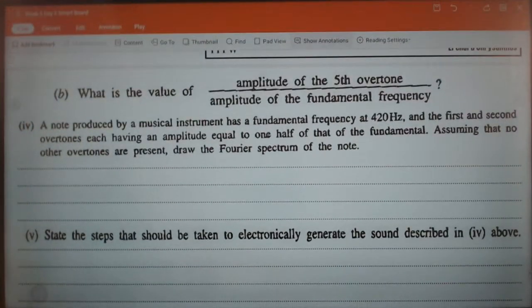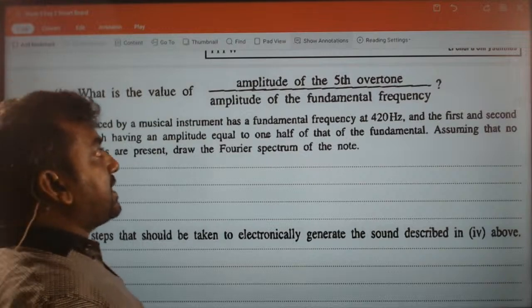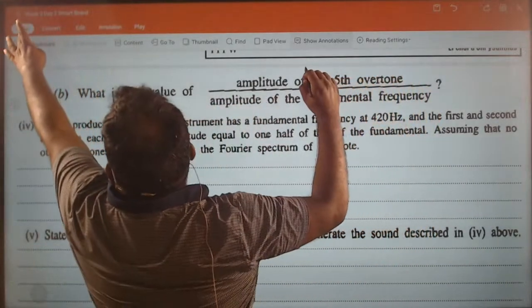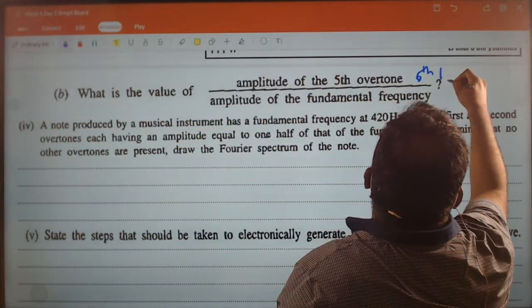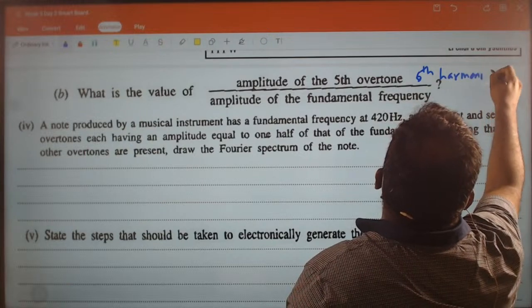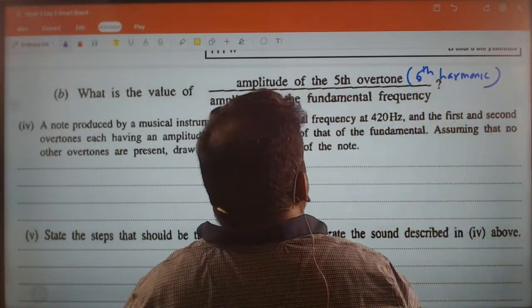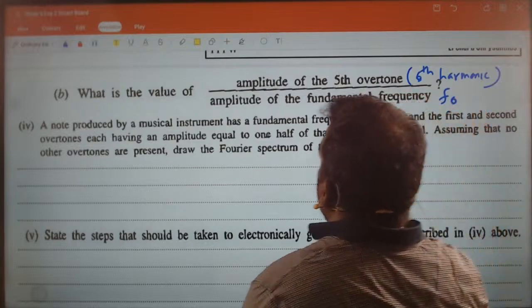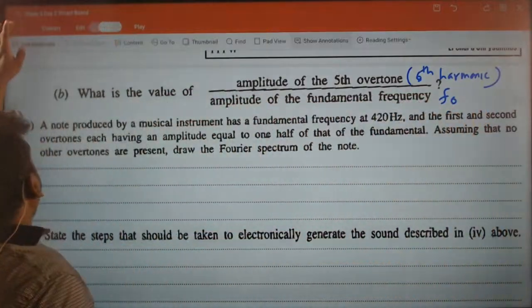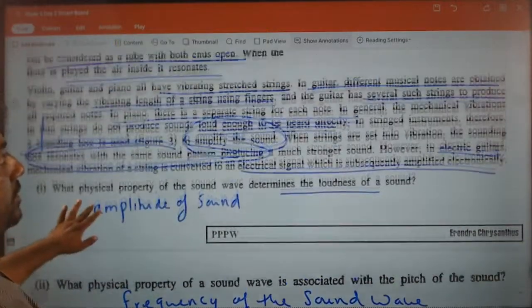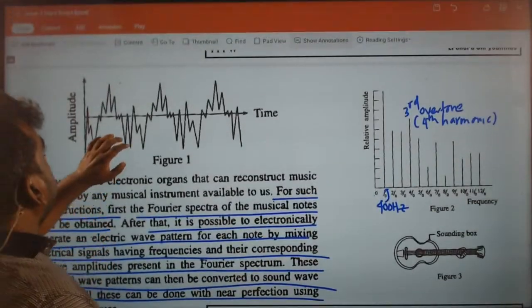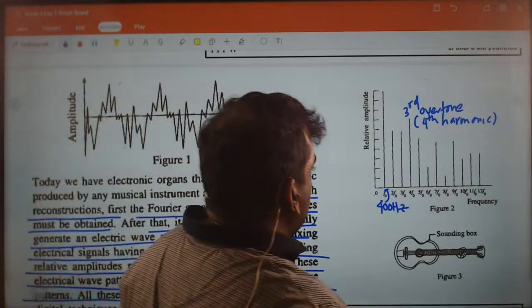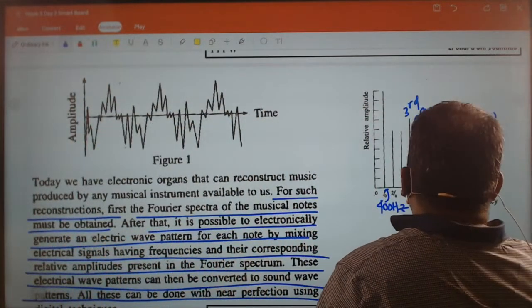What is the value of the amplitude of the fifth overtone? Fifth overtone is the sixth harmonic. I put the sixth harmonic inside brackets relative to the fundamental frequency F0. Sixth harmonic is 2, no?